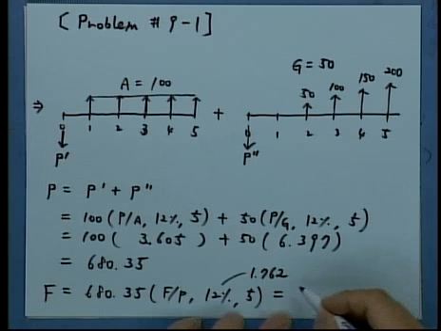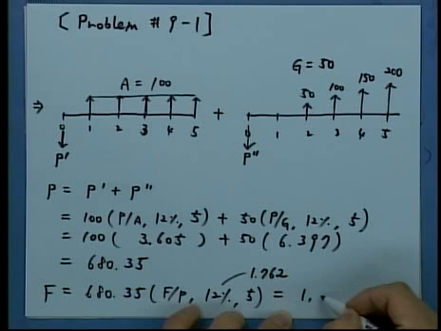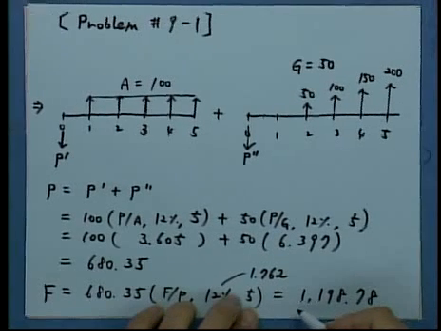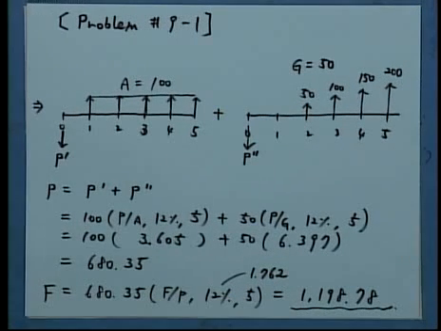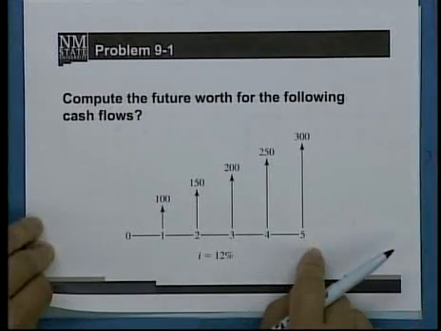As a result, we're going to have $1,198.78. So this is the answer. That is the future worth of this cash flow.